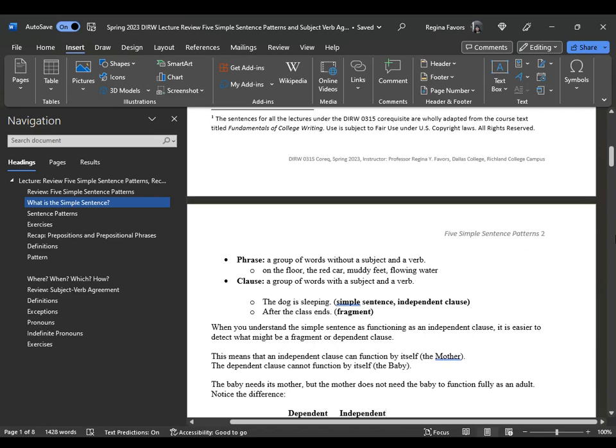And then we have phrases, a group of words without a subject and a verb. So, on the floor, the red car, muddy feet, flowing water. And then a clause. Just pay attention: it is a group of words with a subject and a verb. So you can definitely have an independent clause, but you can also have a fragment that could be part of the clause family. So, after the class ends.